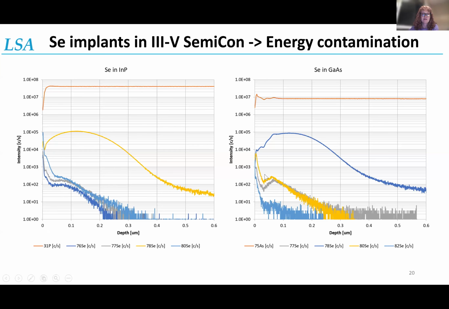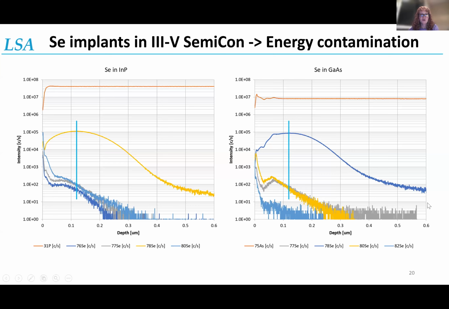You've got some spikes in the gallium arsenide, and you've got much lower or much shallower peaks in both of them. So the peaks do not line up. This suggests that rather than being mass contamination, it's energy contamination when the ions have been implanted.